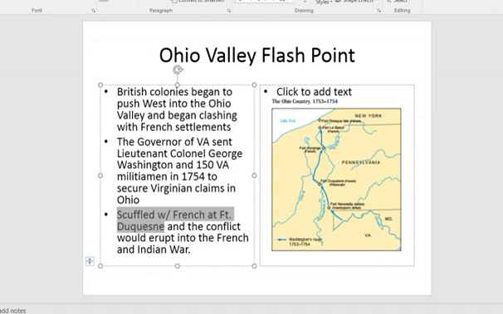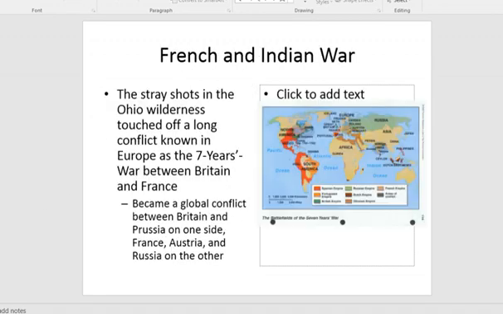And that's going to lead into an all-out war, which we call the French and Indian War. This is also called the Seven Years' War in Europe. It's the same war. It begins in the Americas, but it's going to spread and become a global conflict.